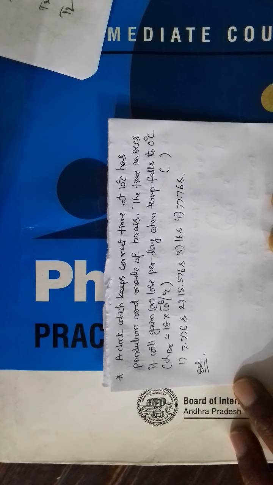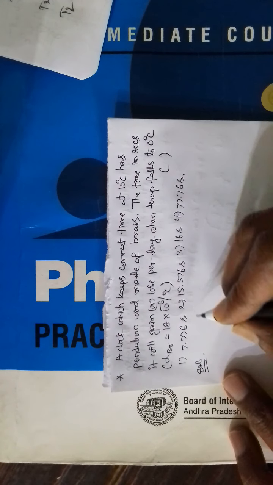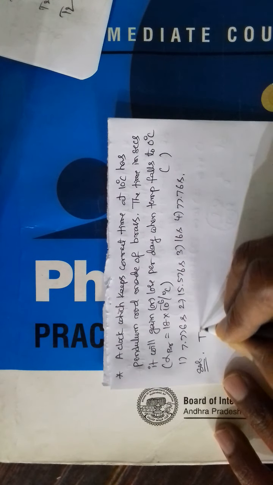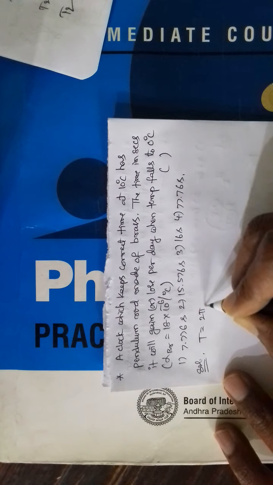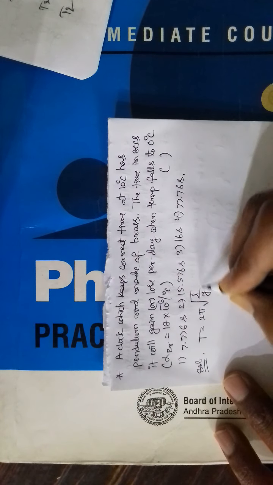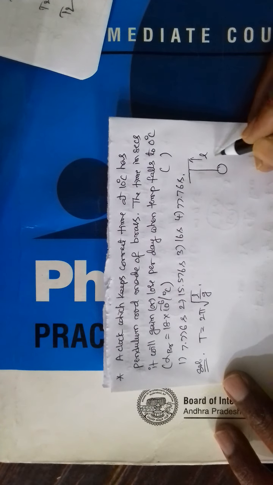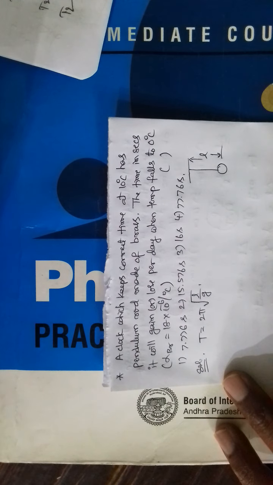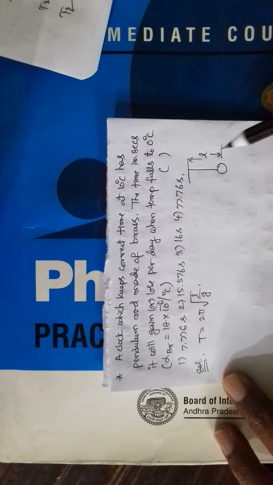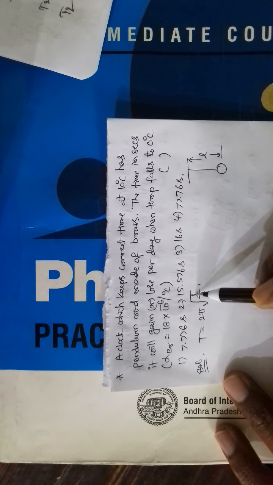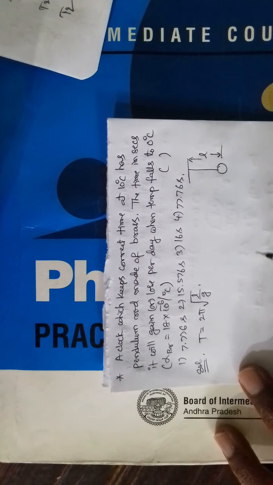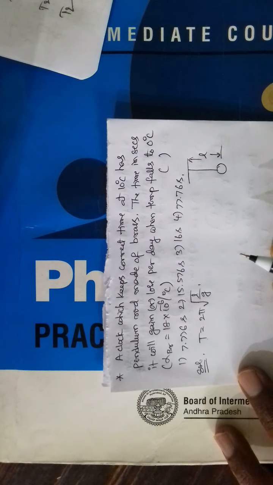Let us write the equation for time period: T is equal to 2 pi root L by G. So when temperature changes, length changes, and when length changes, time period changes. So the clock may become slow or fast.